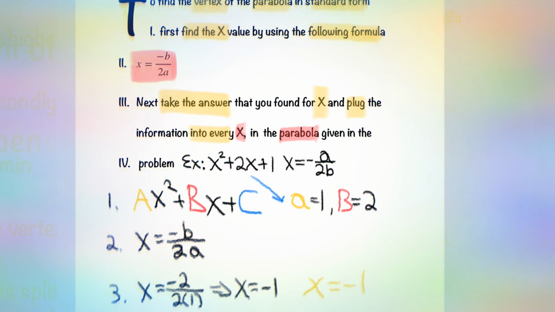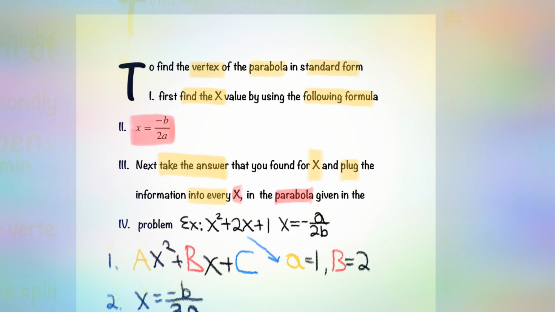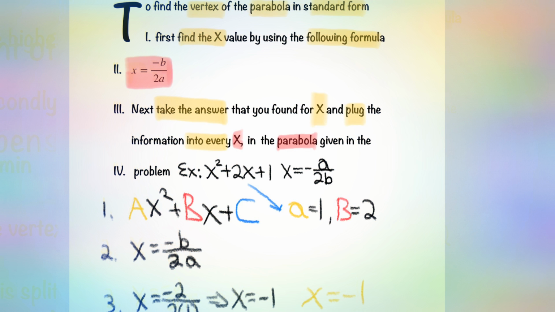So to do this, we first find the x value by plugging in x equals negative b over 2a. After that, we take the answer that we got from x and we go back to the original parabola formula, and wherever we see an x, we plug that value in that we found right up here.